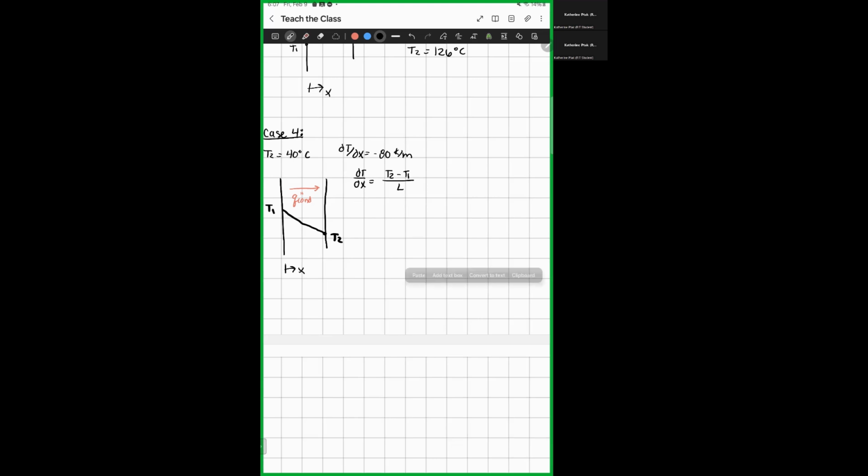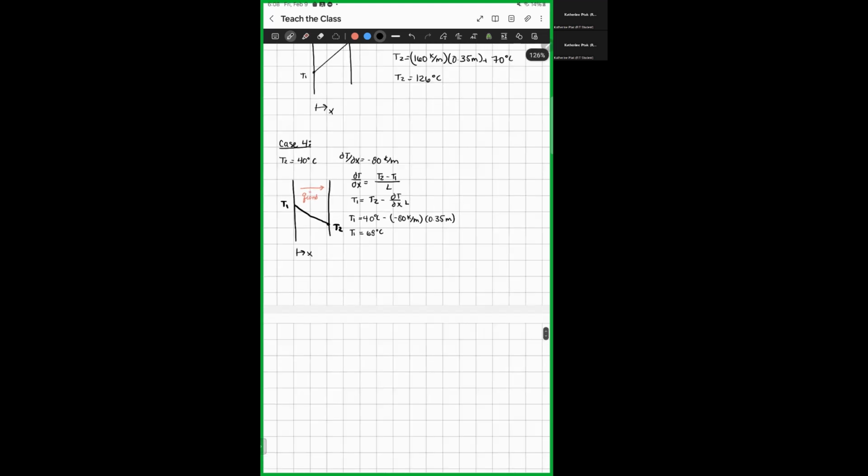And then when you do all the math, it is T1 equals T2 minus dT/dx times L. So T1 equals 40 degrees Celsius minus negative 80 Kelvin per meter times the 0.35 meter. And again, we're not going to convert this Kelvin because this Kelvin is actually a difference. It is not 80 Kelvin, it is a difference of 80 Kelvin. Then you get T1 equals 68 degrees Celsius.